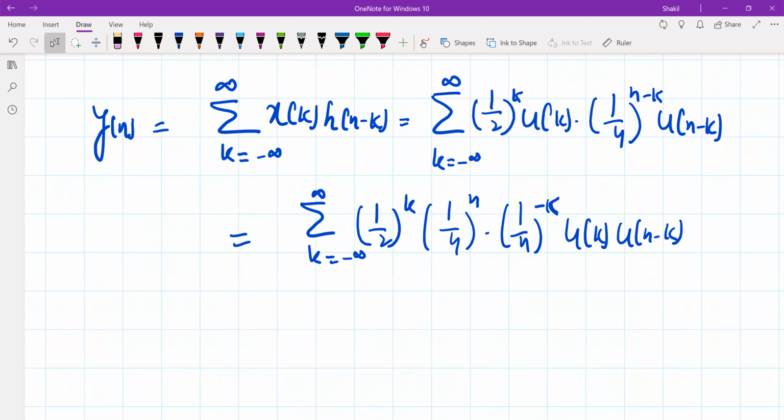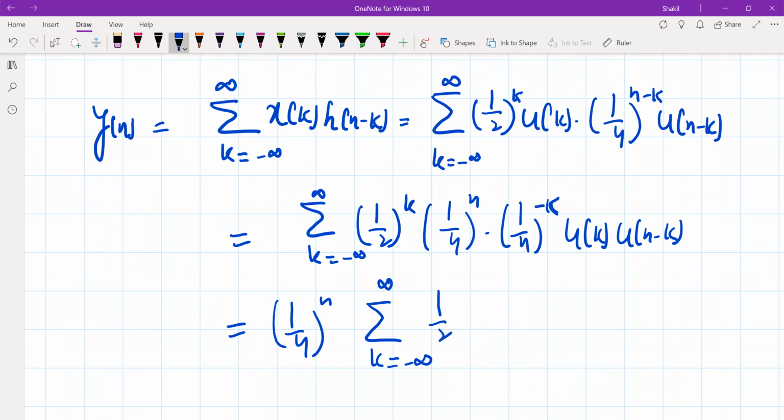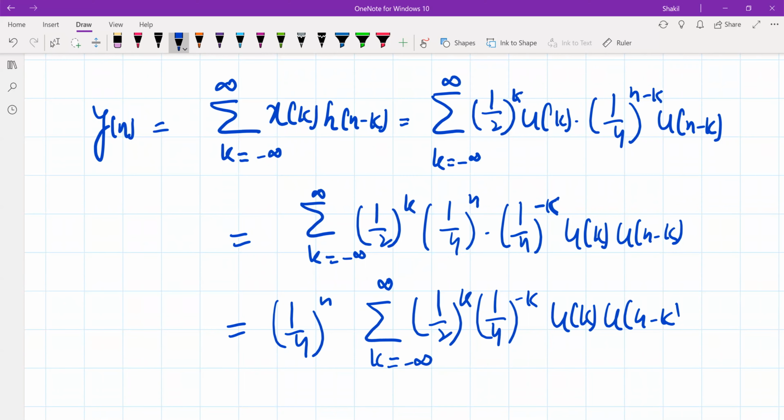See, there is no n in this summation, so I can take 1 by 4 raised to the power n out of this sum. So this will be 1 by 4 raised to the power n, the sum over k from minus infinity to infinity of 1 by 2 raised to the power k, 1 by 4 raised to the power minus k, u of k, u of n minus k.